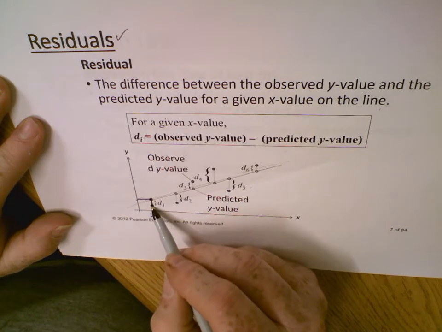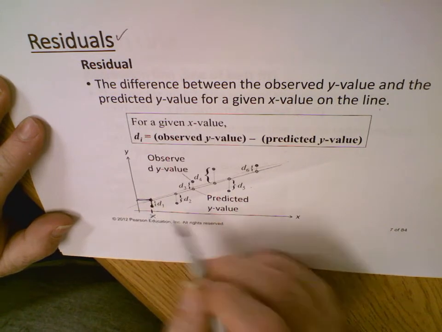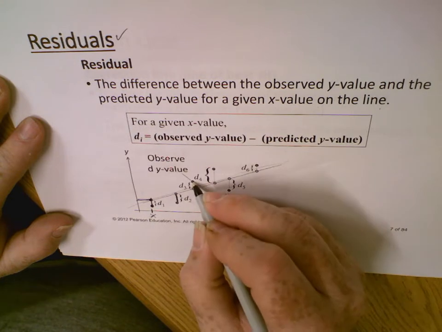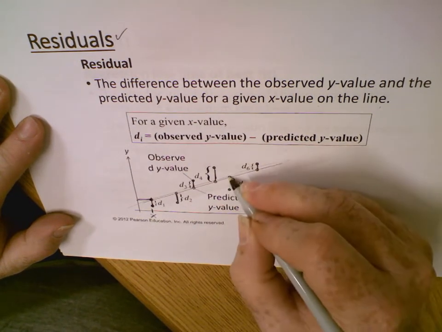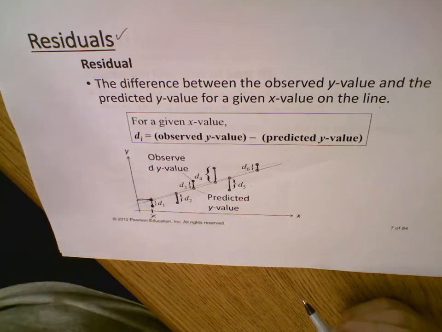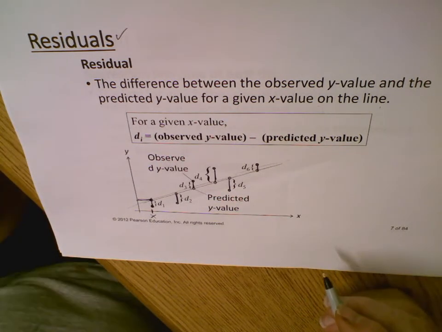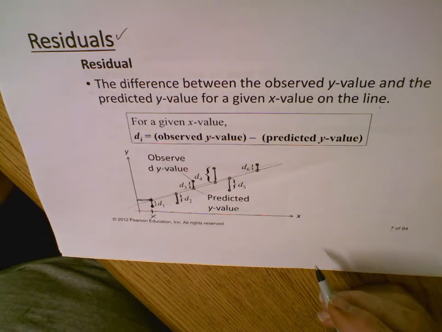Well, we want the difference in those two. And we take each one of those for every one of the points in our data, and we find that difference. How far off of the line of best fit is each point in the data?